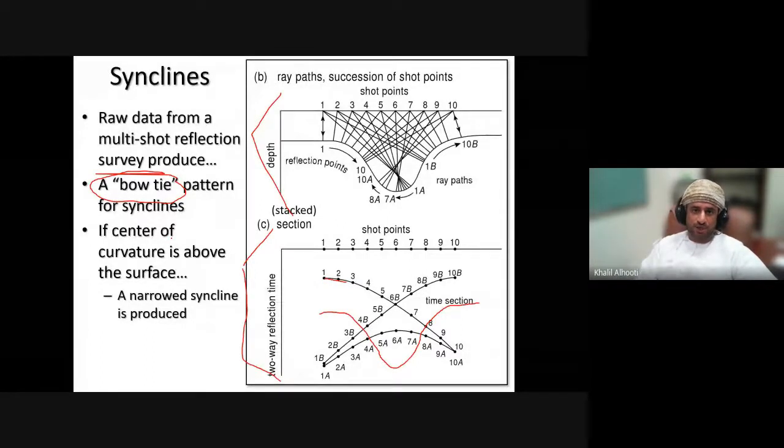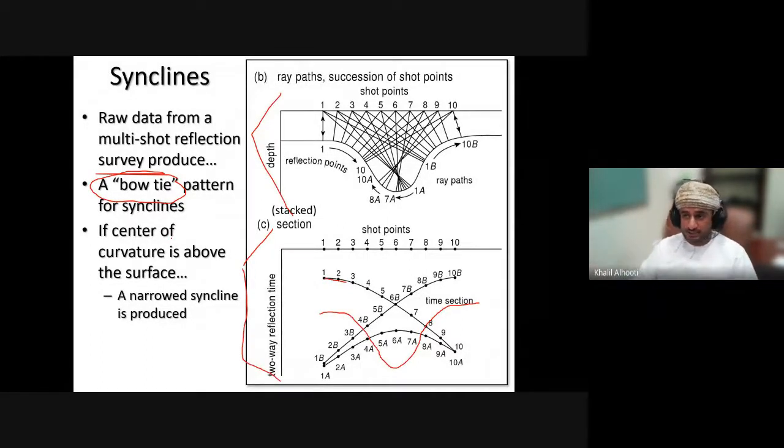What is the takeaway? What you need to know from all this is that whenever we have a very tight syncline where the center of curvature is below the subsurface, it will produce a bow tie feature in seismic sections.